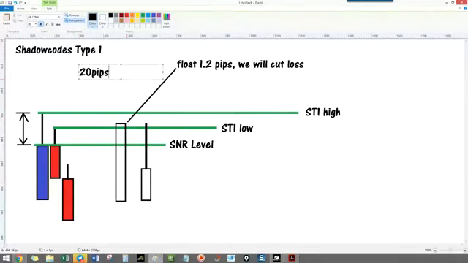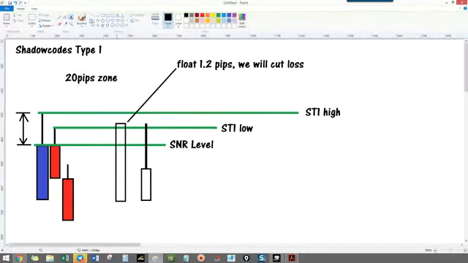For example, you have a 20 pips zone from here to here, and over here you only risk 5 pips.